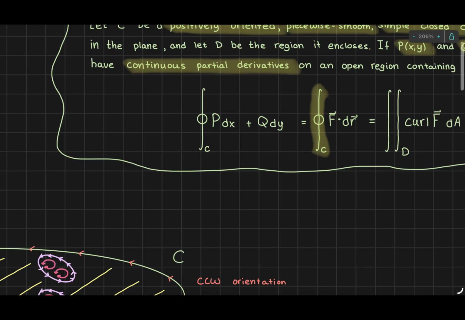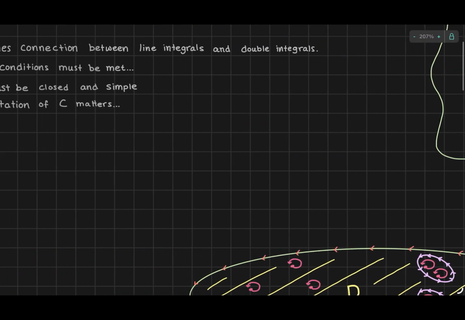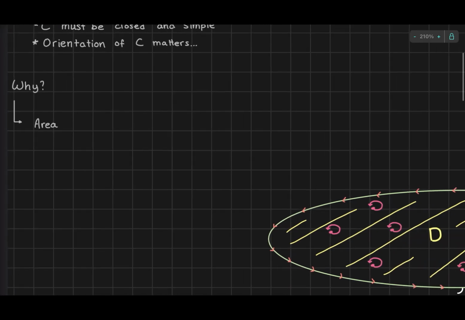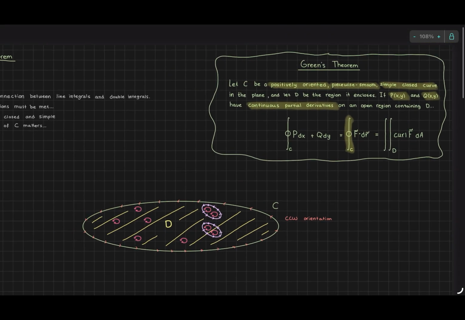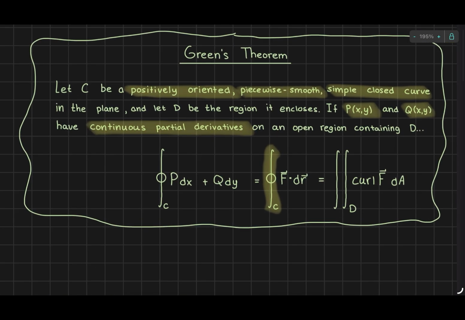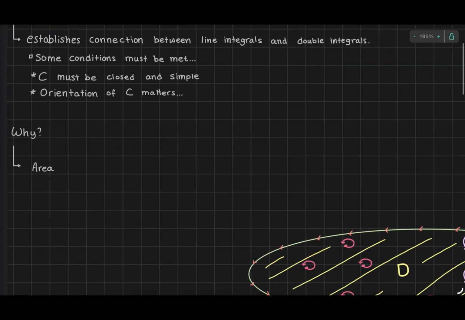So we could really take a line integral and then find the area of some region D. So you can use it either way, right? We can try to find the area using this, or we can use this.